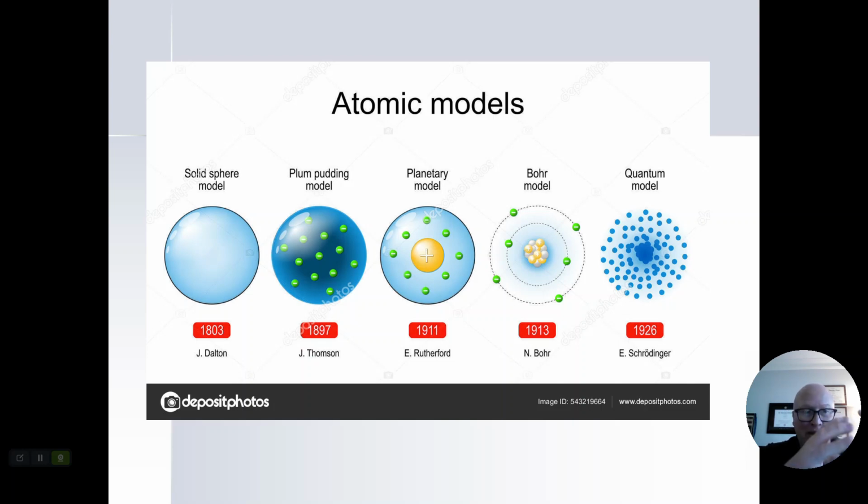You have this muffin, which collectively is electrically neutral, but I have all these little blueberries in here which have a negative charge, which meant that the muffin part had to be positively charged in order to cancel that out. But he still saw it as a solid piece, and inside the blueberry muffin all the little blueberries had a negative charge, and we call that plum pudding. It was called plum pudding because he was British, and plum pudding was a type of dessert where you had the cake with plums all through it, and so that's why it was called the plum pudding model.